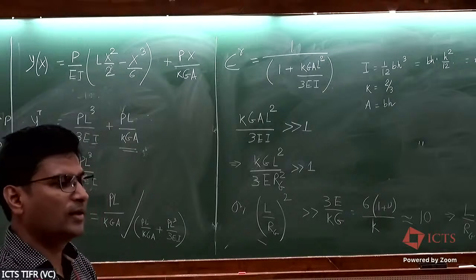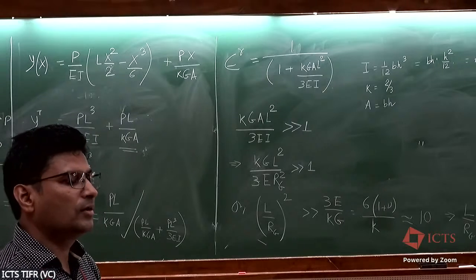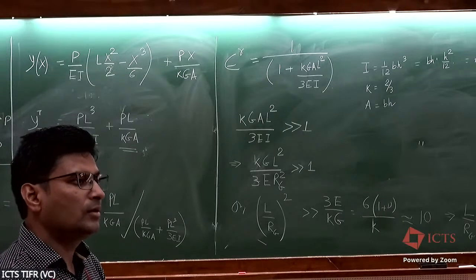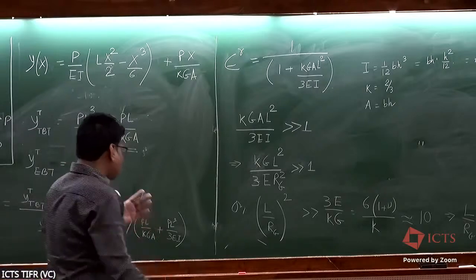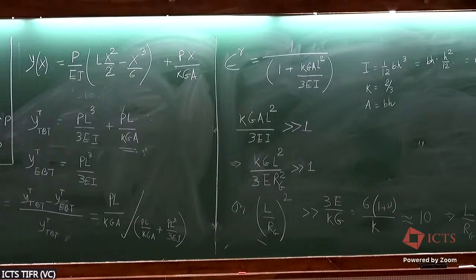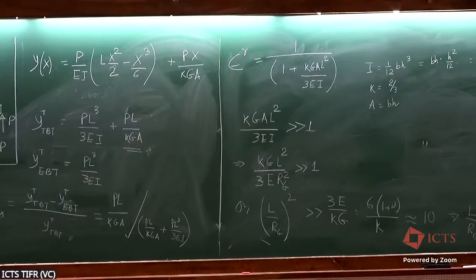If you're getting an effective 1D theory, how does anisotropy play a role? See the anisotropy, if you look at the equations, where is it showing up? This EI and this KGA.